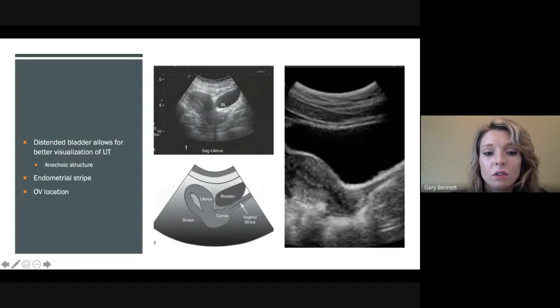They have some grayscale on this drawn image as well, where you can appreciate the endometrial lining is this lighter color here. You can see the vaginal stripe, and then of course you're going to have all this extra bowel off to the side.